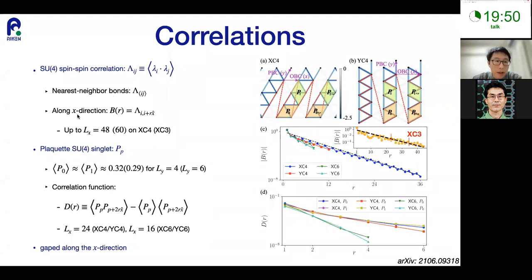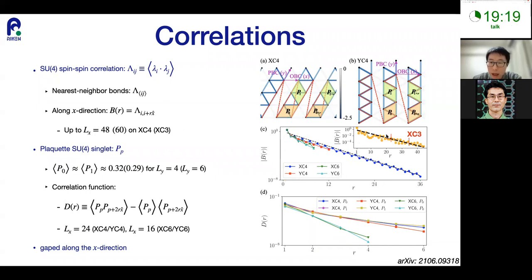But except for the nearest neighbor correlation, we also consider a correlation along the x direction with large distance. Here you can see that not only for the even width cylinder, but also for the odd width cylinder, the spin correlations are always exponentially decayed. And this figure shows it in a log-linear plot.